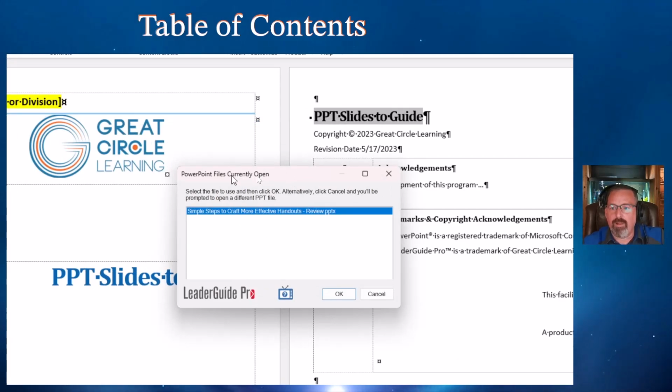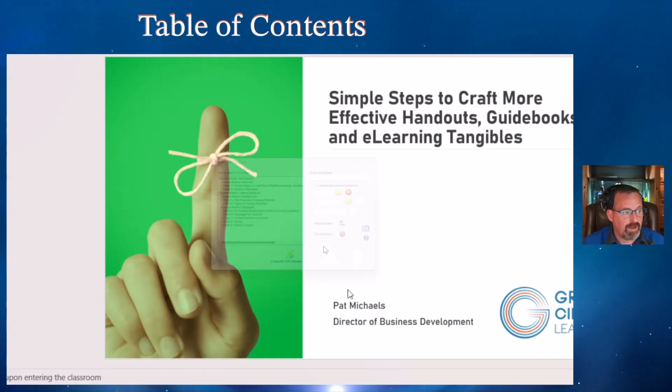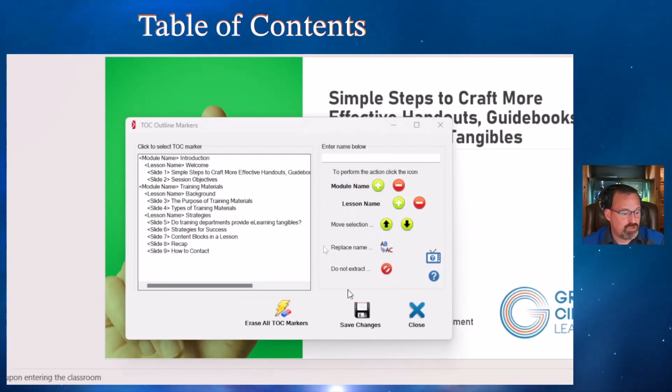And this dialog box was showing us all the PowerPoints that were currently open. So if you already have it open, you can select it out of the list. If it wasn't already open, we could click cancel. It would open up a PowerPoint dialog box, choose the one you want, and then we would continue to our next one.